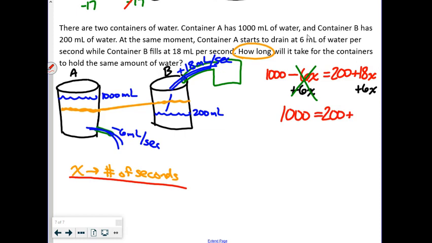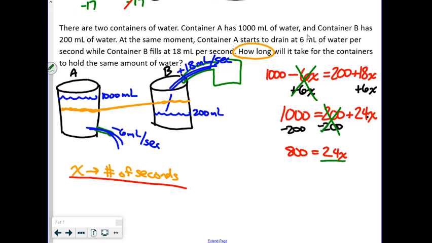On the right, 200 plus 18X plus 6X is 24X. And we want to now solve for X. We've got 24 being multiplied, 200 being added. It's a positive 200, so I'm going to subtract that. We'll save that division for the last step. 1,000 minus 200 is 800.